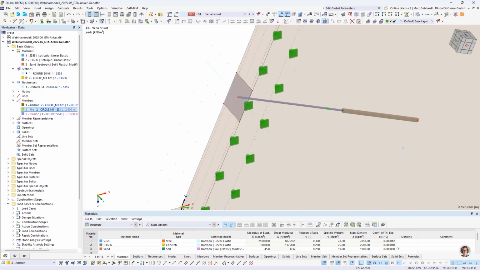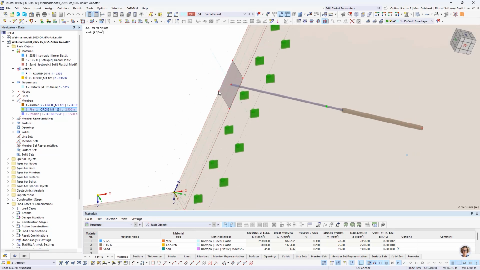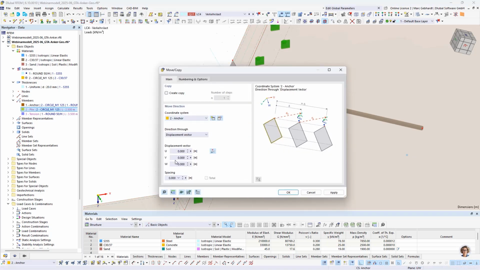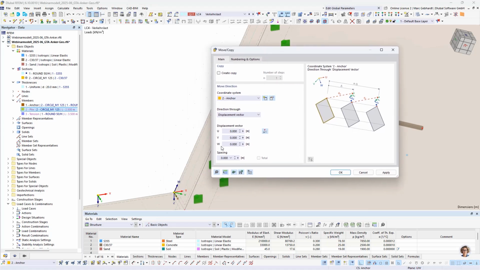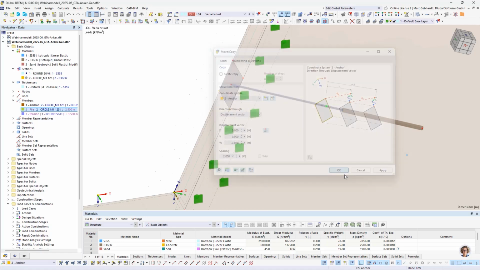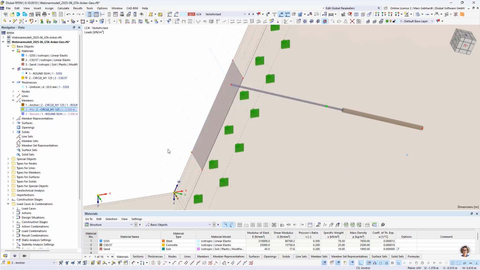Now it's got the anchor, and we want to do a second one. So selecting these nodes, and again the distance between the anchors will be 2 meters in -v. Get a 3-meter plate, and also copy.